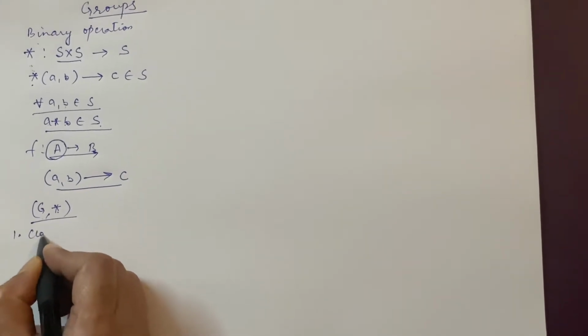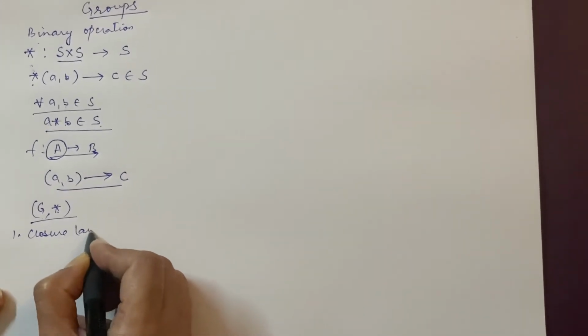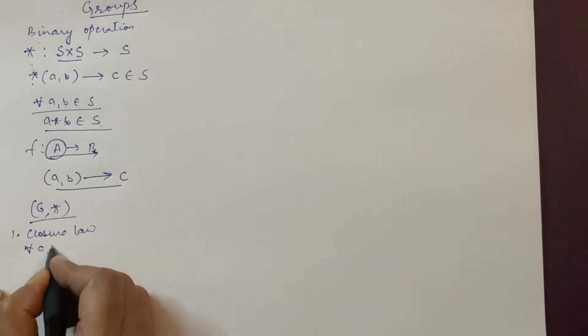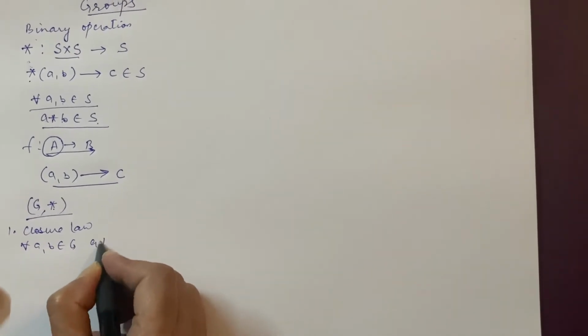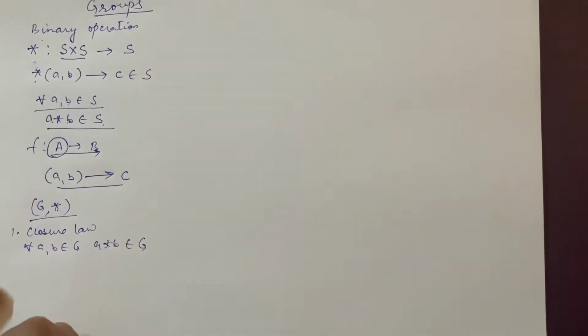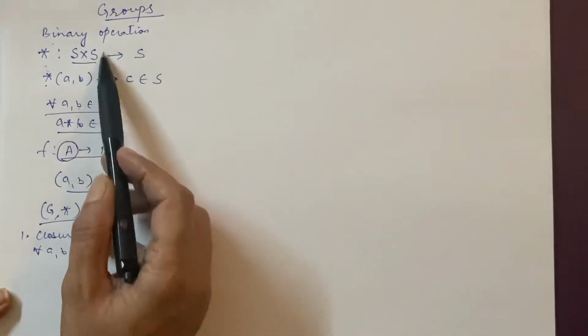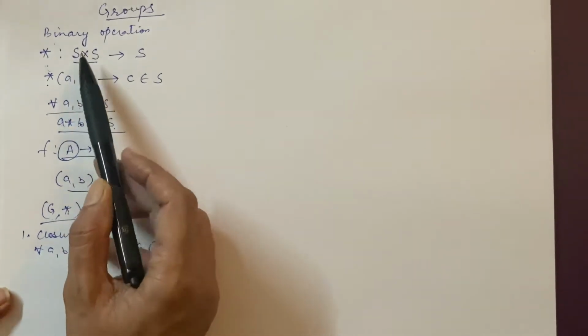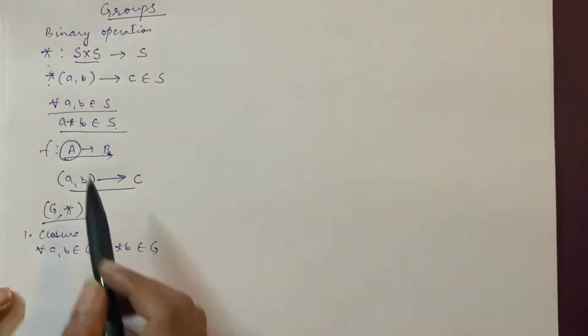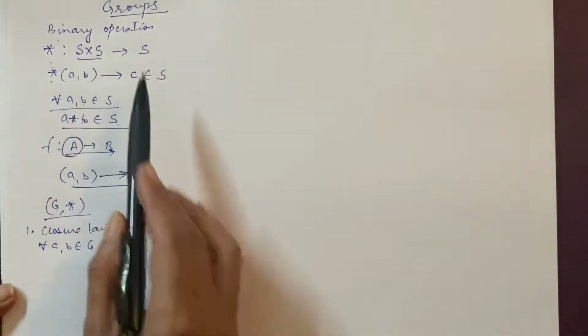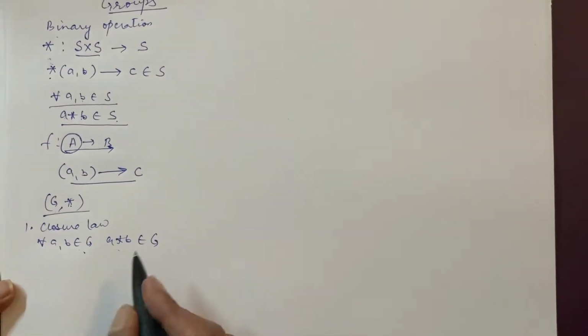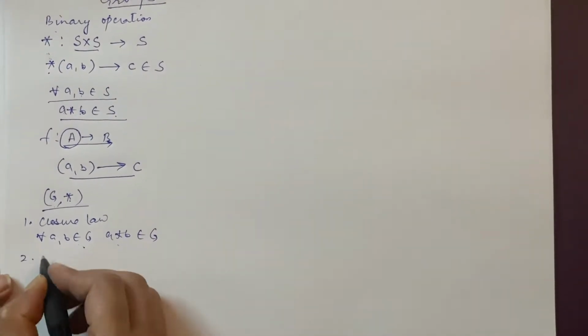First is the closure law, that is, for all a, b belonging to G, a star b belongs to G. Basically, it is the definition of binary operation that every ordered pair of elements of G under the binary operation star belongs to G.